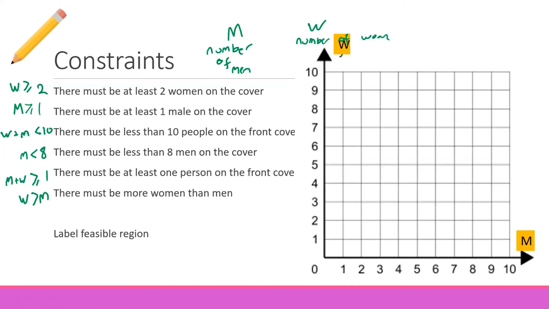W has to be greater than or equal to 2. That means if I do a line like this, I know that W has to be greater than this number. So W can't be less. You can't have one woman on the front cover, and so on and so forth.